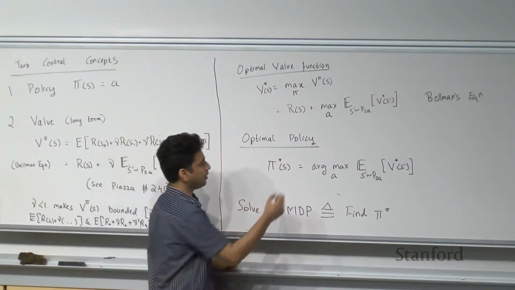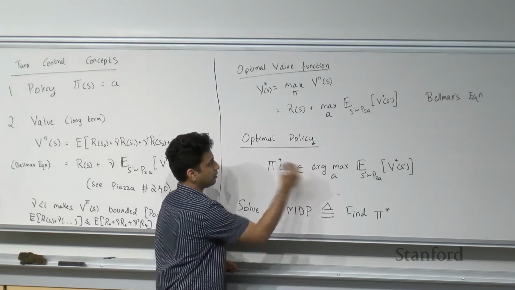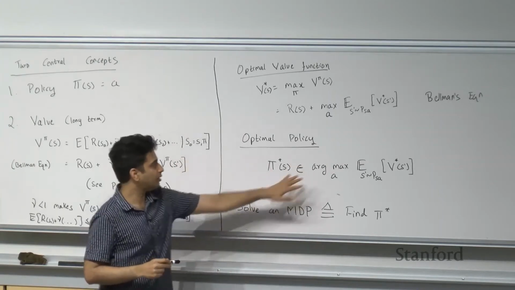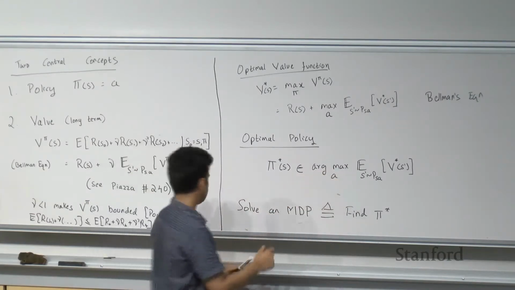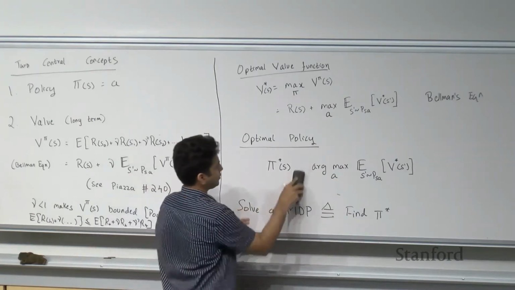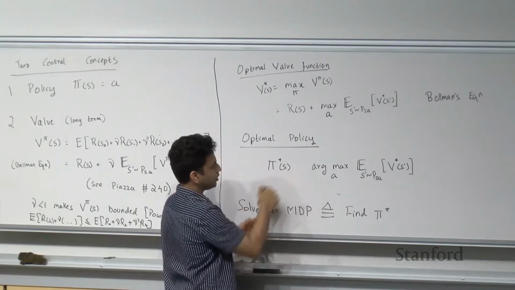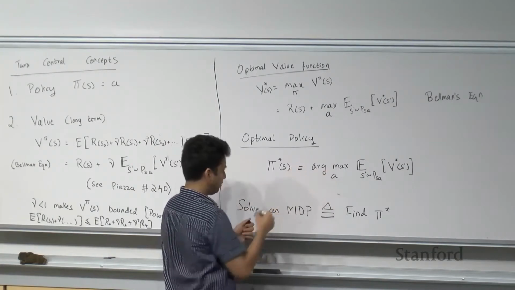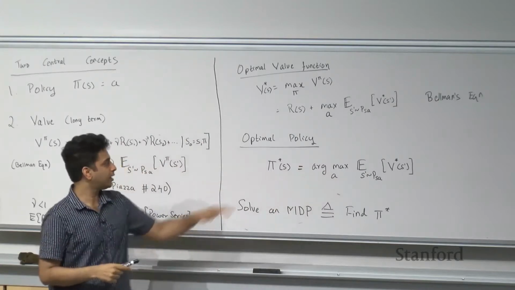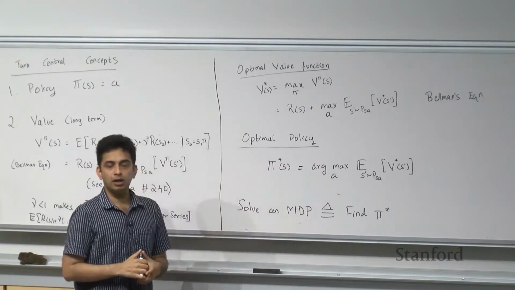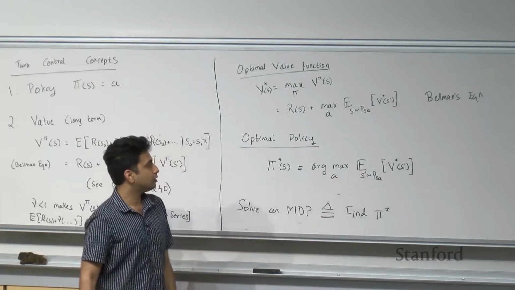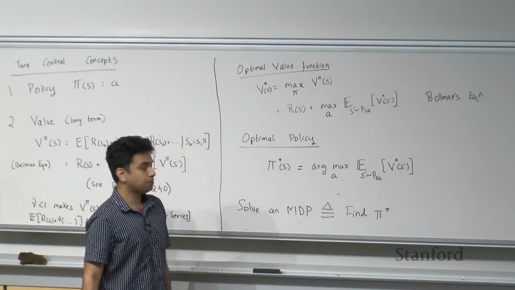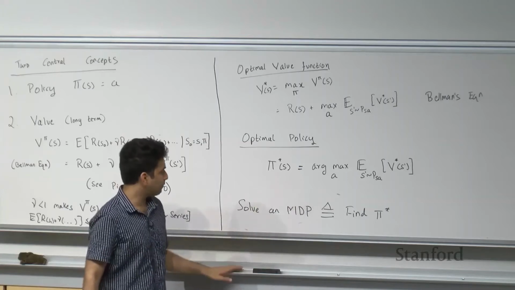So strictly speaking, this should be an element of the set of argmax, because there could be multiple actions that you can take in any step that maximize the future value. But for the purpose of this course, we'll assume that it is unique, right?